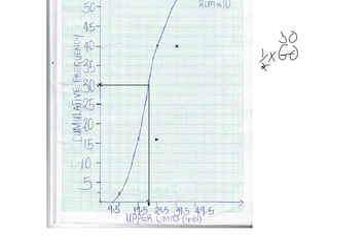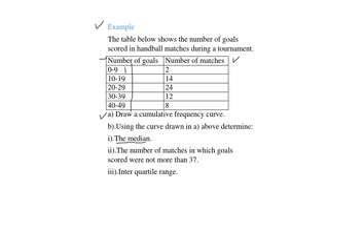Part B, Roman 2, we are told to use the cumulative frequency curve to calculate the number of matches in which the number of goals scored were not more than 37. So we go to the curve again, we check the number of goals, and that is on the x-axis.